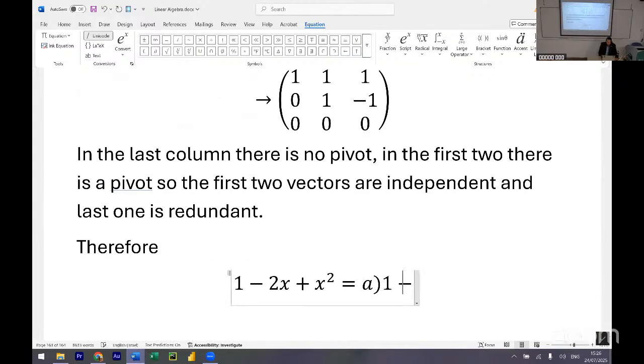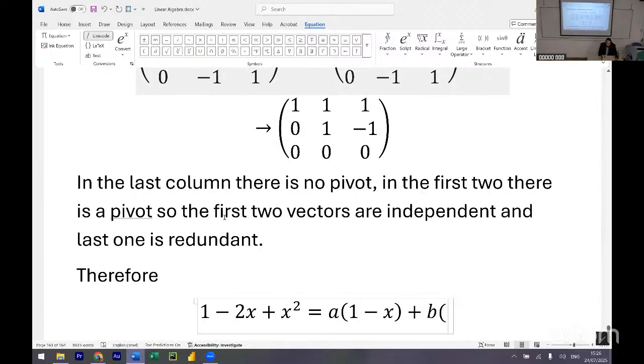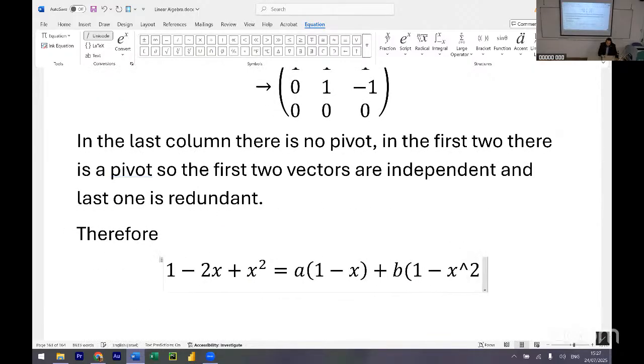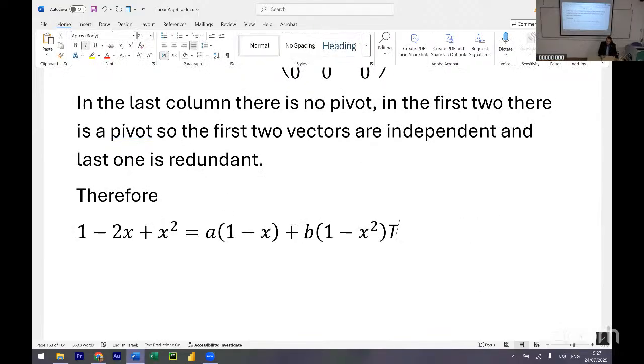So it's a times 1 minus x plus b times 1 minus x squared. And why is that relevant? That's something you ought to know.